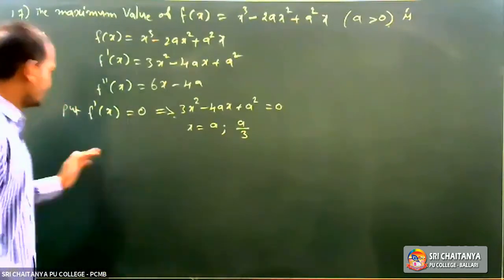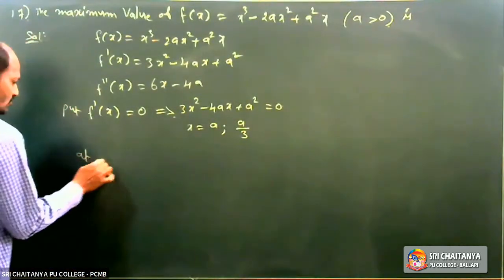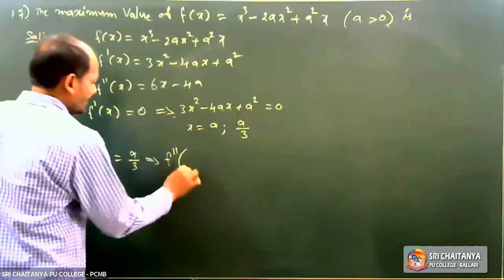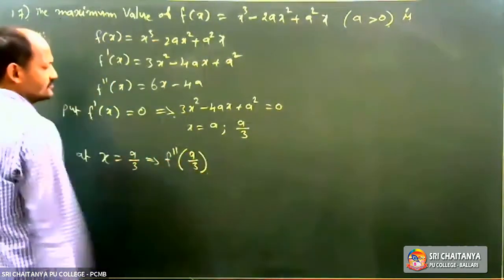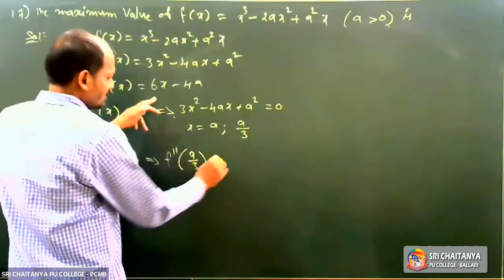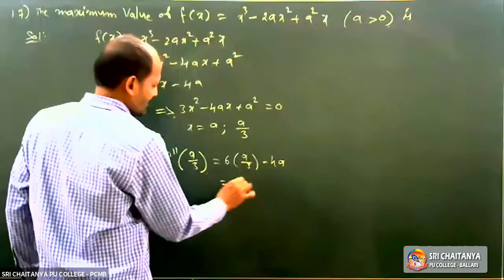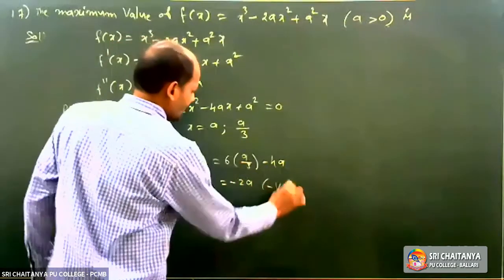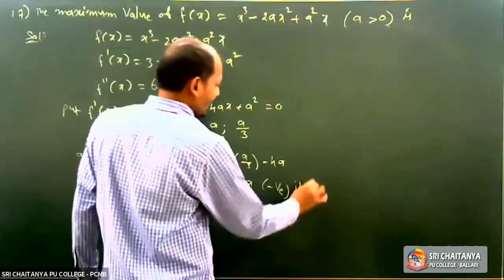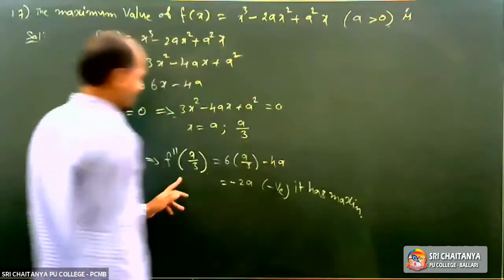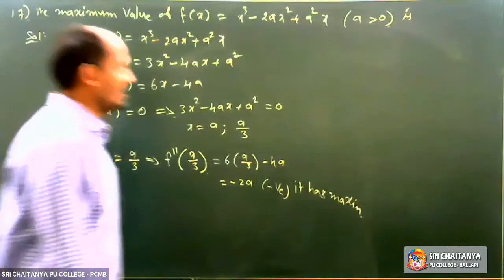Okay? So now at x equal to a by 3, the second order derivative is 6 into a by 3 minus 4a, it is minus 2a, that means negative, it has a maximum. Now the value.